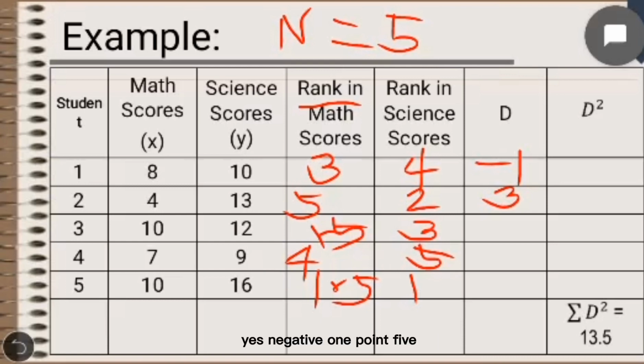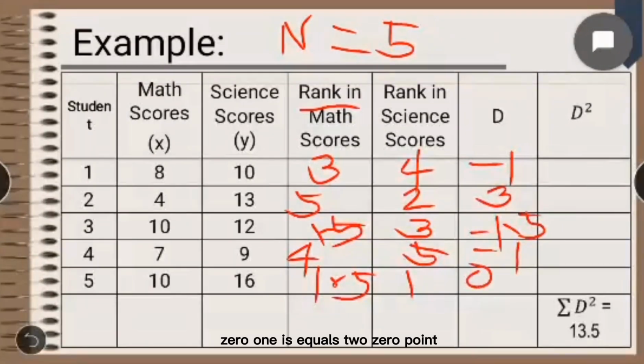Yes, negative 1.5. 4 minus 5 is equals to negative 1. Then 1.5 again minus 1 is equals to 0.5.